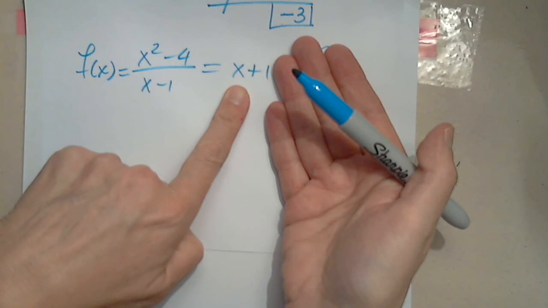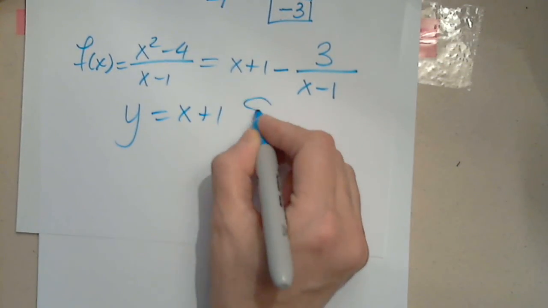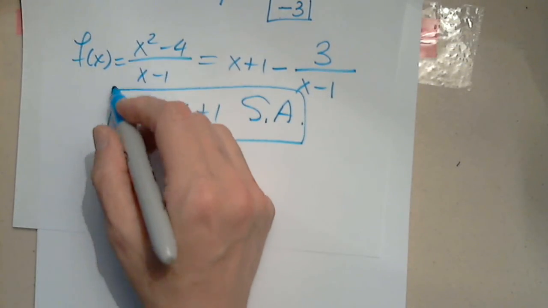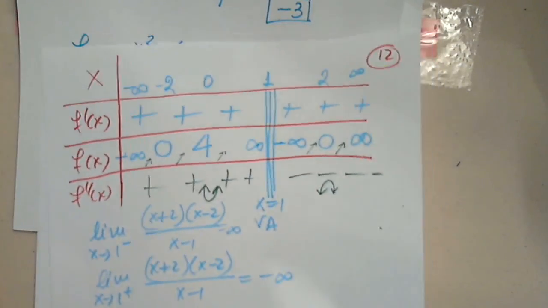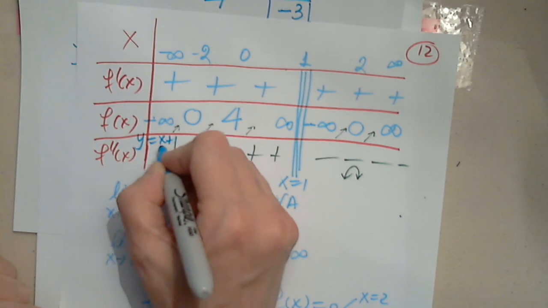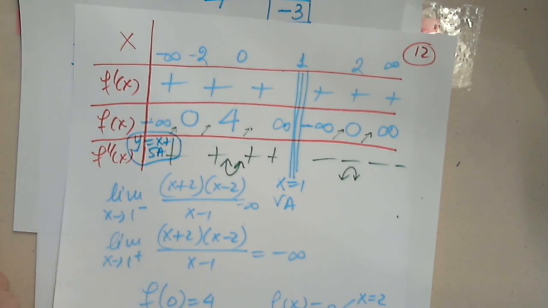Therefore, this is the slant asymptote. So I'll show the other one in a minute, but I have to make myself a note. Y equals x plus 1, slant asymptote. I have all the summary here so I don't forget anything.